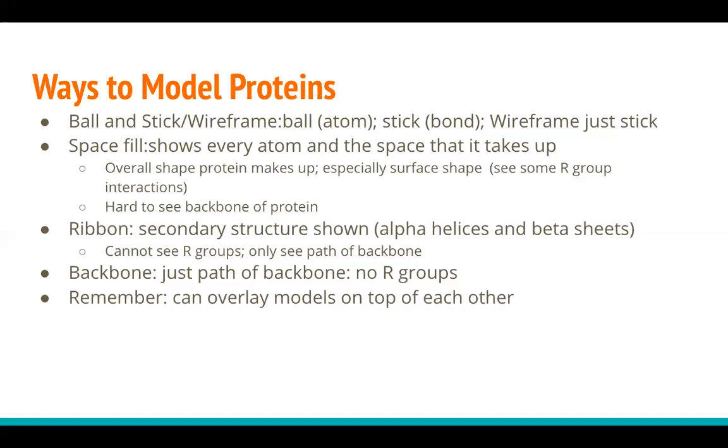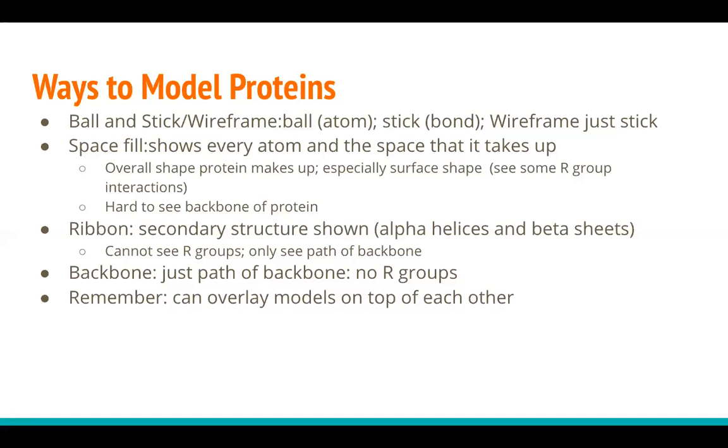The second kind is the space fill model, which shows every atom within a protein and all the space it takes up. These are good because you get to see the overall shape and size of the protein, and within these models you can see R group interactions. But a disadvantage is that it's hard to see the backbone of the protein.